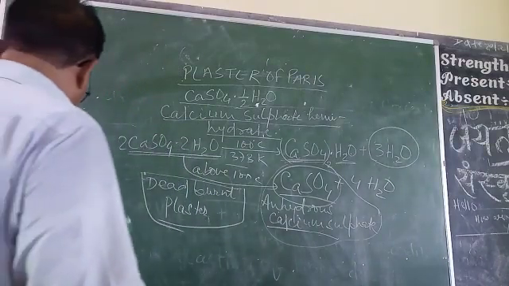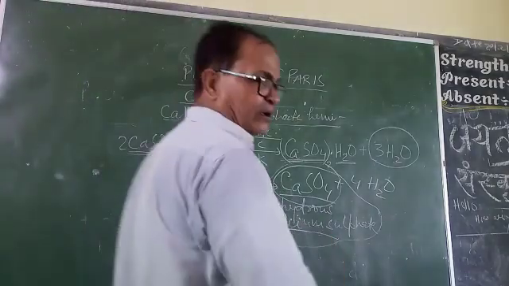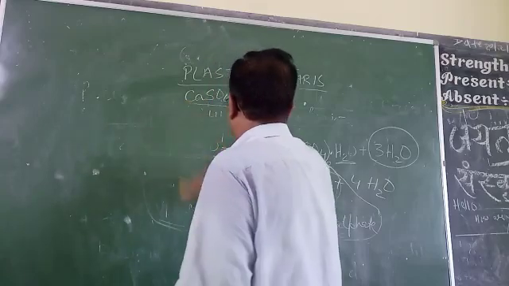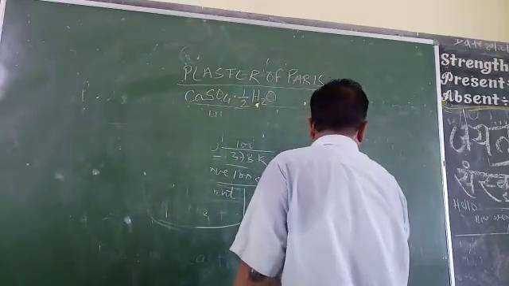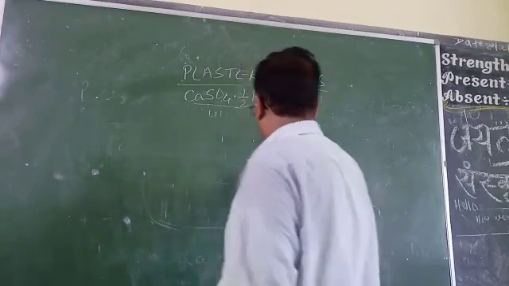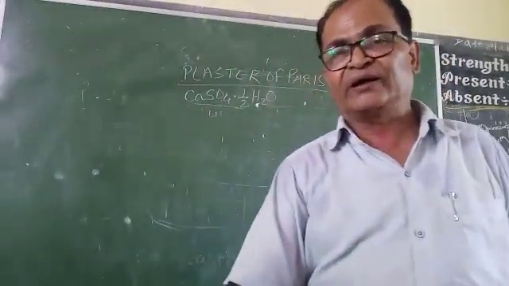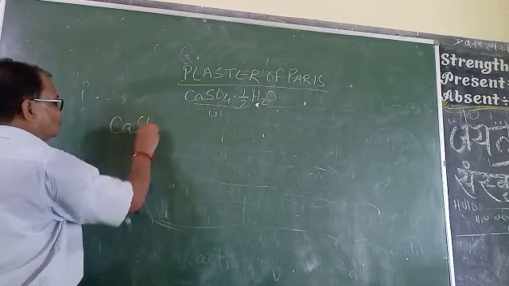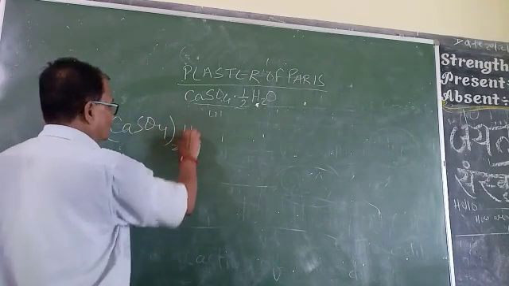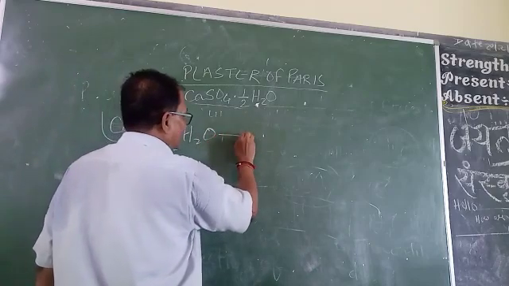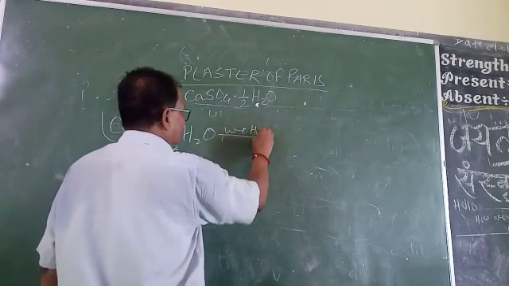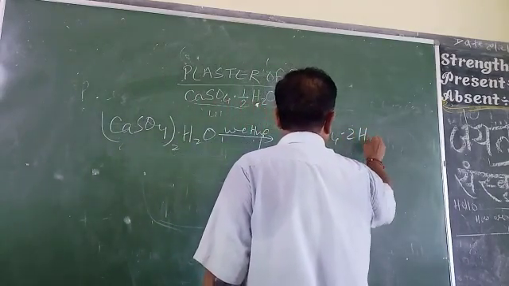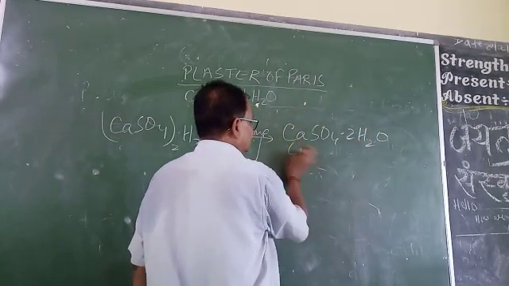Properties. It is a white powder. When it is treated with water, I mean to say that on wetting, it is converted into gypsum, CaSO4 2H2O. On wetting, we get calcium sulfate dihydrate, that is gypsum.